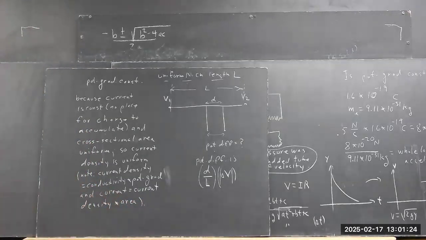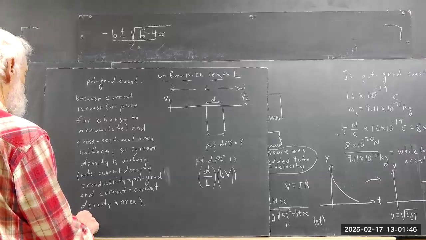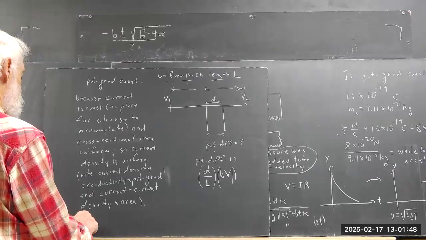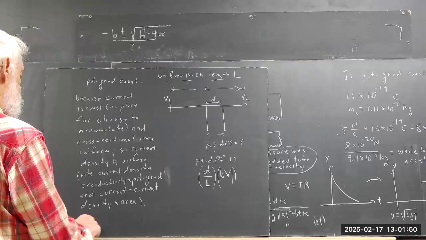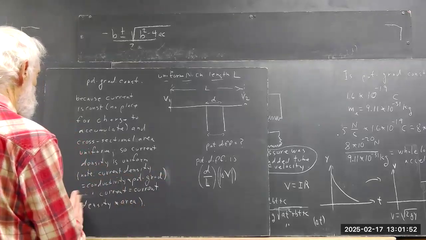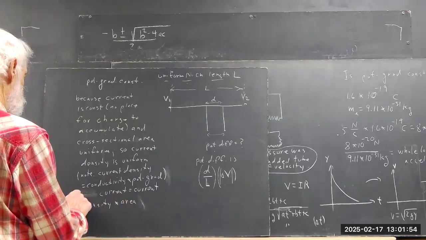Also current is current density times area. And actually, I'm going to change the parentheses.